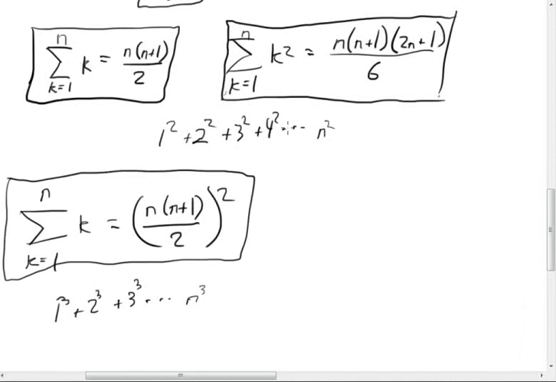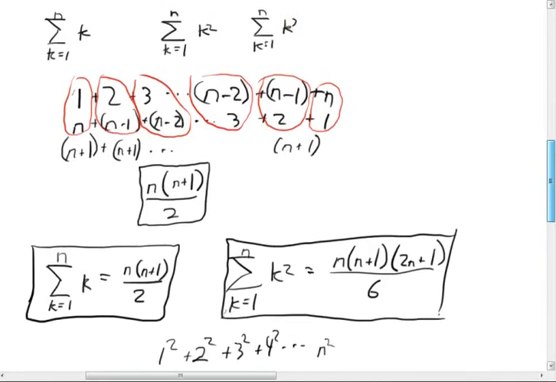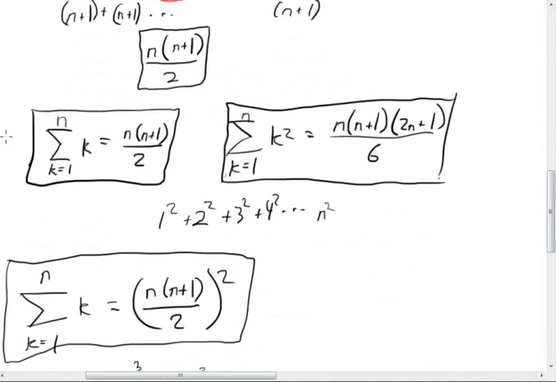So that's what that's equal to. So these are three sums that you probably should know for computing limits of Riemann sums. And yeah. So I'll work some problems on finding the limits of Riemann sums in the next video.